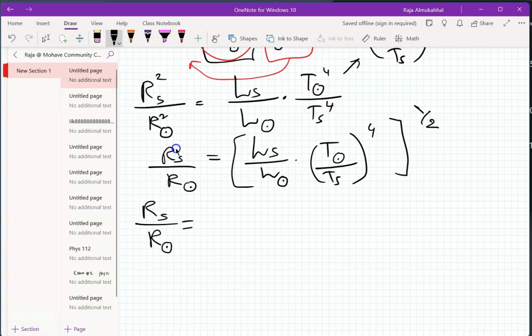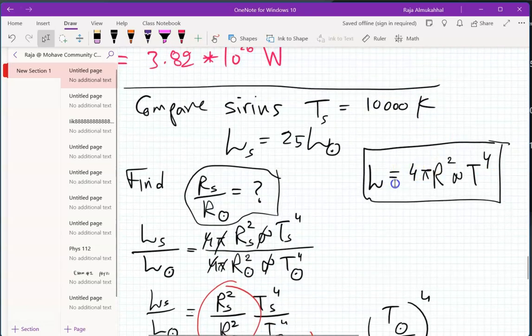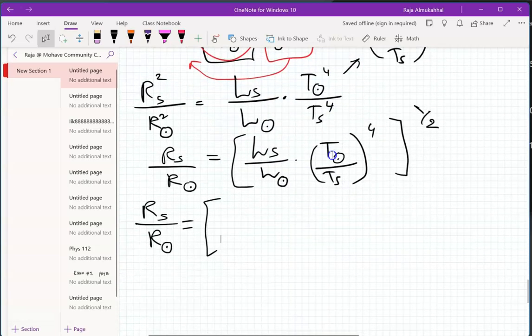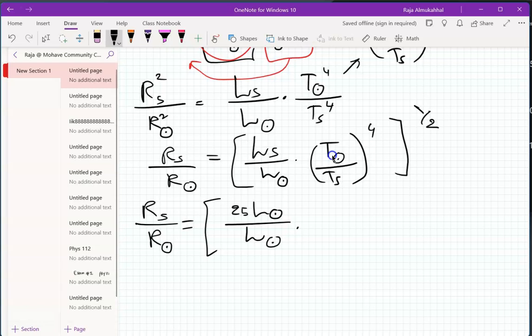So now let's plug in. We have everything here, right? So remember, L sub S is right there. L sub S is 25 times that of solar. So we go 25 solar over L solar times the solar temperature, which is 5780 Kelvin, and then for Sirius it is 10,000.